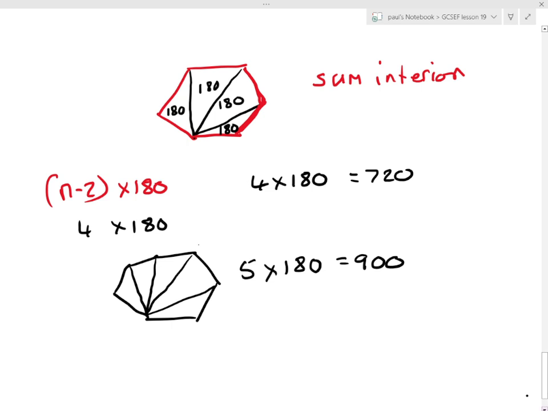Okay, so now the second part of this lesson was to do with parallel lines. Parallel lines. So now, there are several things to know to recognize properties, so we can work out missing angles.